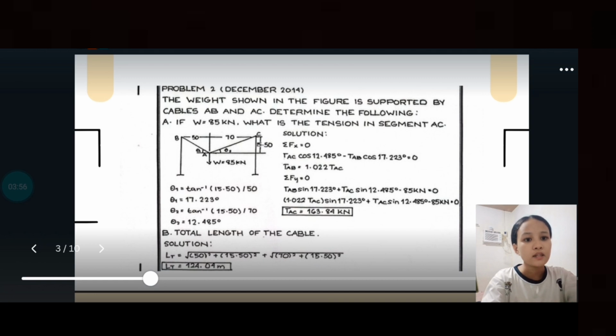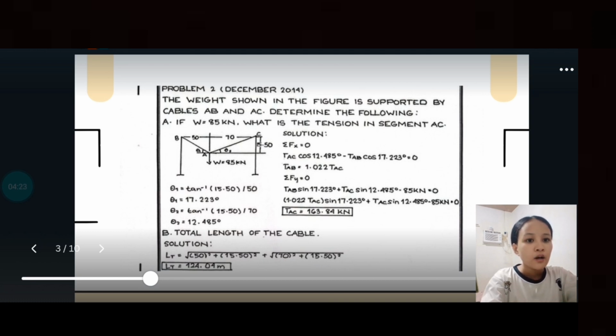Next is we need to get the force vertical. So Fy is equal to 0. TAB sine the given angle, sine 17.223 degrees plus TAC sine 12.485 degrees minus the load, which is 85 kilonewton, is equal to 0.